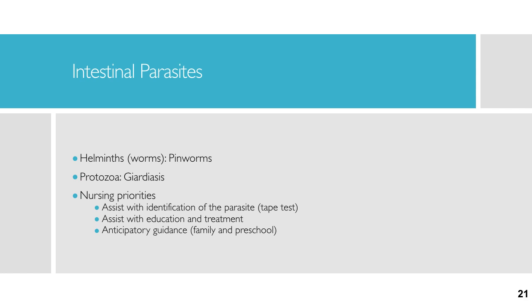So our nursing priority is to assist with identifying the type of parasite. When we're looking at pinworms, pinworms like to live just inside the anus, but they come out at night, which is why people talk about how itchy it gets at night. We don't want too much light there, because if you shine light on the rectum, then the worms will go back inside.